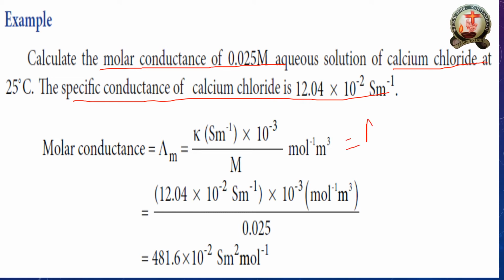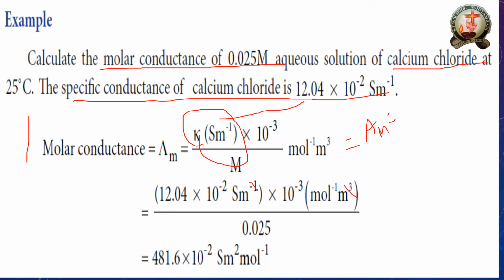So we know that lambda m is given by the molar conductance formula. I am simply substituting the values for calcium chloride as the electrolyte, since conductance depends upon the electrolyte. Then the mole value 0.025. Substituting here, the Siemens per meter and meter square get cancelled.